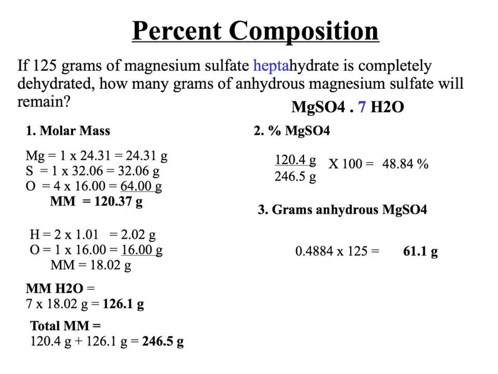We are given 125 grams, and so we take our percentage, 48.84, and we convert that to a decimal form. So we get 0.4884. We multiply it by the 125. We get that from our problem. Our answer, we have 61.1 grams of our magnesium sulfate heptahydrate as being just magnesium sulfate.